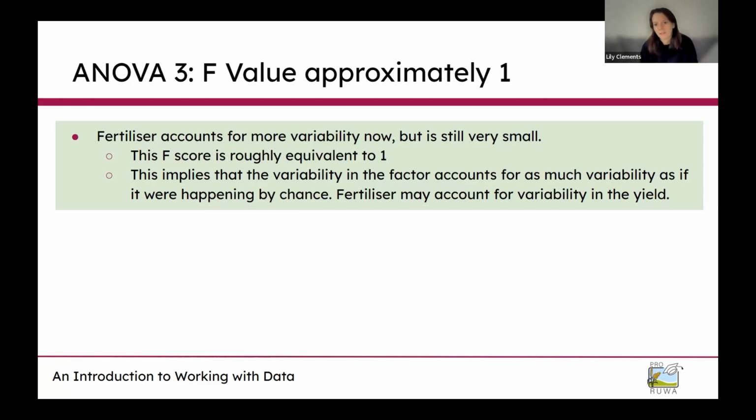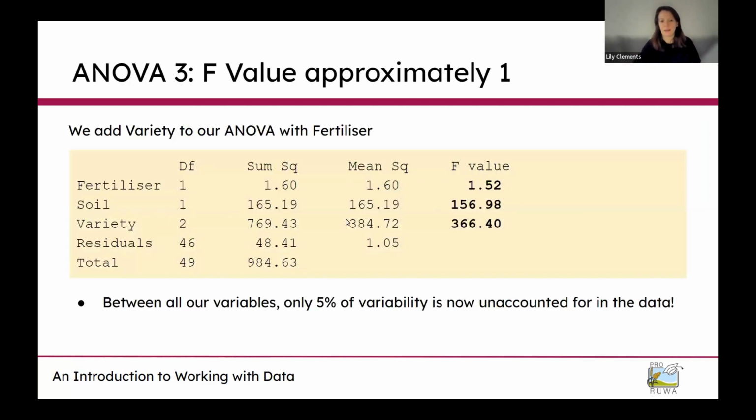It may account for variability in the yield, but the more important thing here is that because it's roughly 1, this implies that all of the variability in the model has been accounted for, more or less. And having an F value around 1 kind of implies that we're probably left with just natural variability.